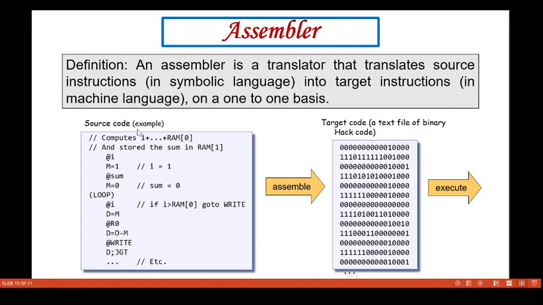So you see the source code, which is a high-level programming language, and the assembler helps in translating this high-level programming language into machine language. After executing this program, the assembler software will help in converting all these characters to binary numbers so that the computer can understand. So this is all about how an assembler can help in converting a high-level programming language into a low-level programming language.